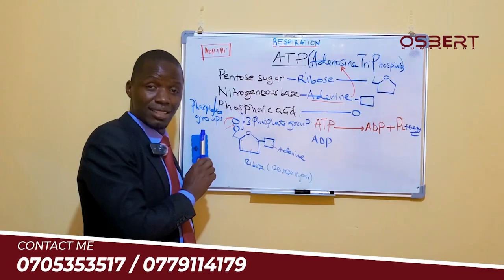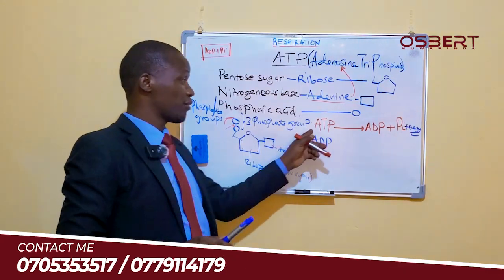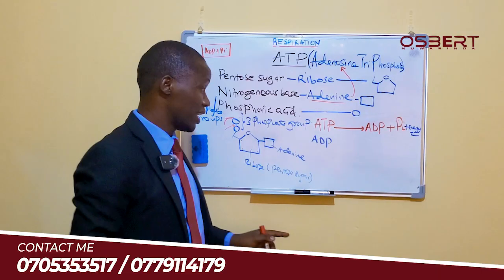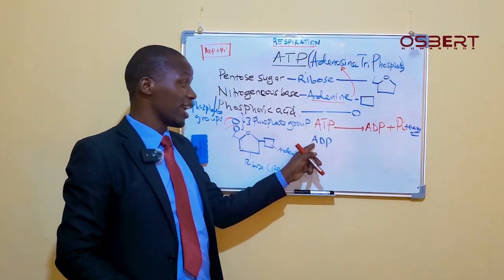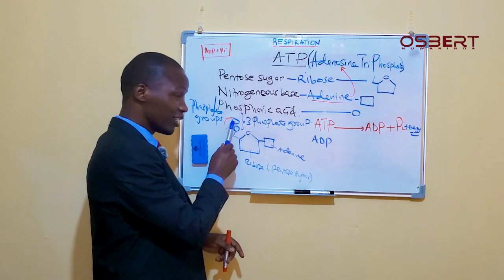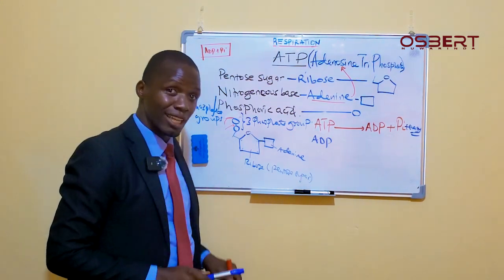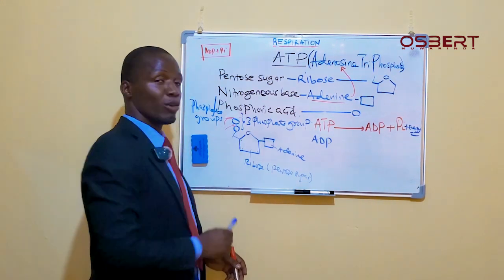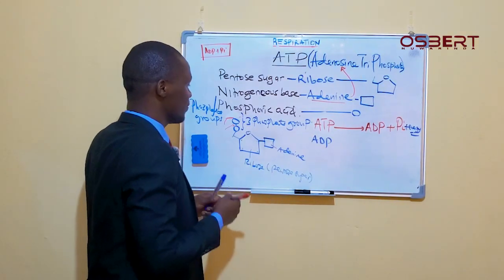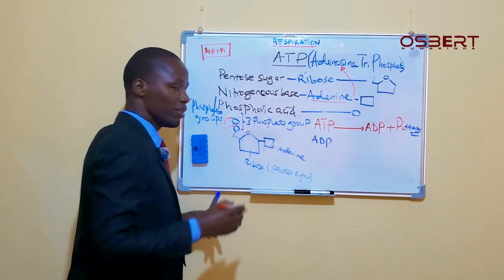So in case the energy which has come from ATP is not enough, and the cell still requires more energy, this ADP has another bond which still has energy kept in it. Now this bond will also be broken down, and once it is broken down, the energy which was in it will also be released.